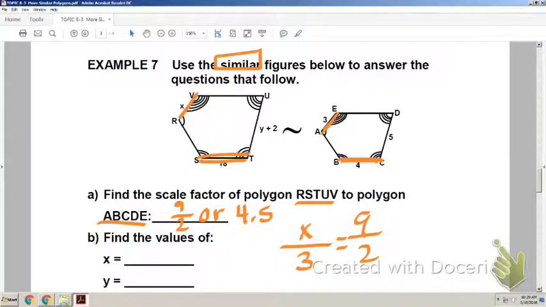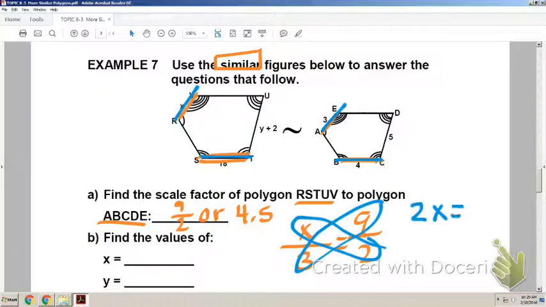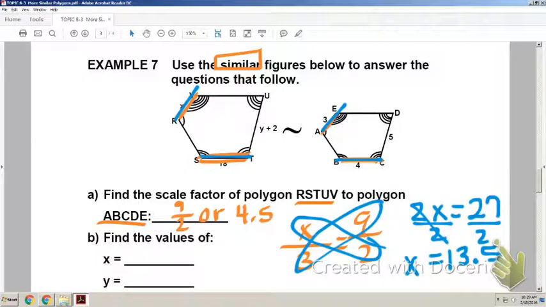So to solve, cross multiply and divide. I have 2x equals 27. Divide that by 2, and that is 13.5. So x equals 13.5.